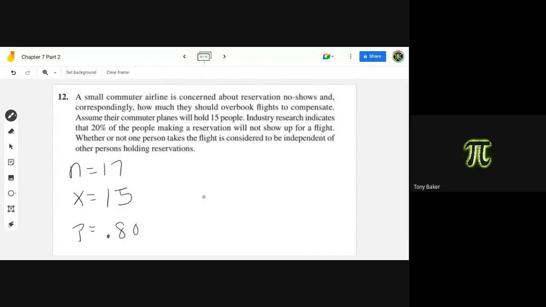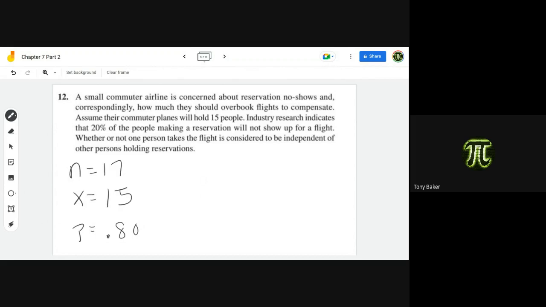So, are you doing binomial probability distribution? Yeah, because binomial probability distribution means I have a success and a failure, right? Success means they showed up. Failure means they didn't show up. So that works. The probability that they show up is 80%. The probability that they don't show up is 20%. That's my probability for success, probability for failure.